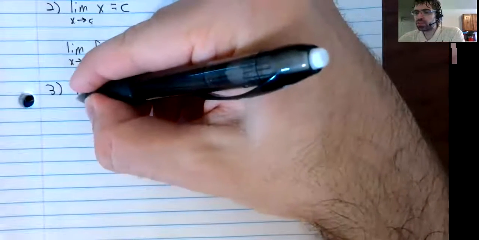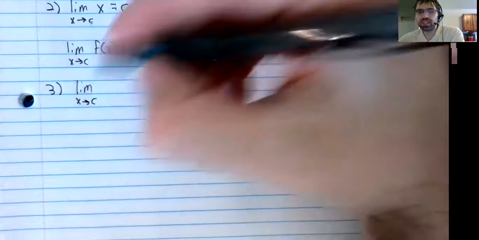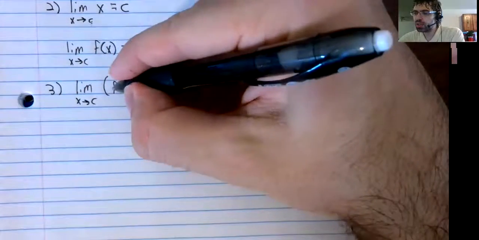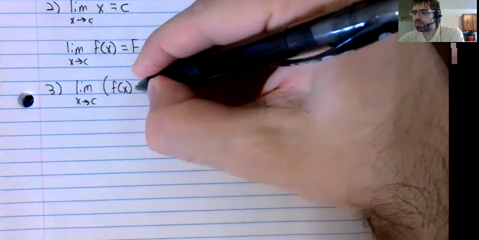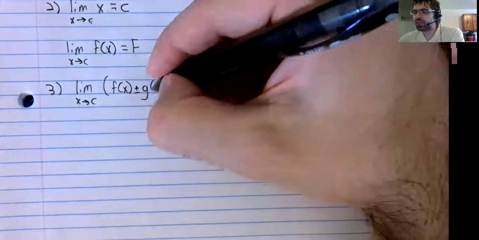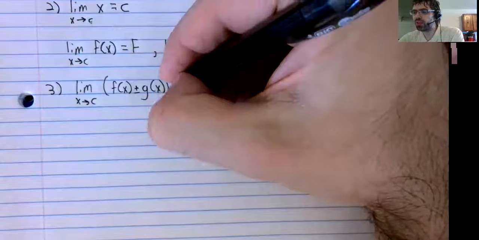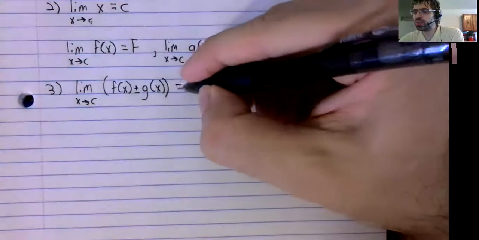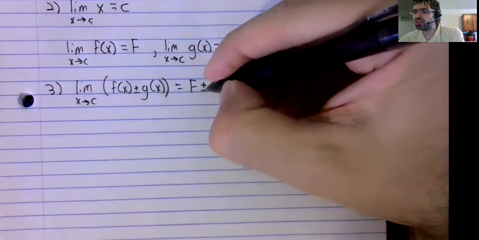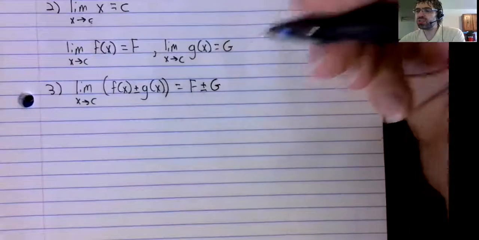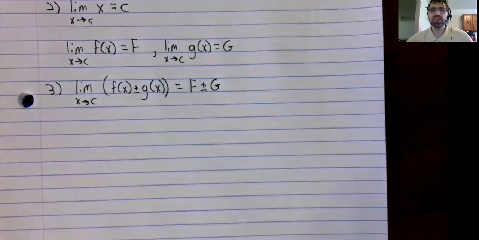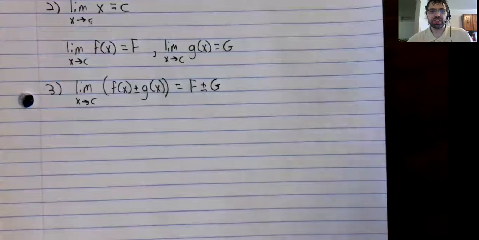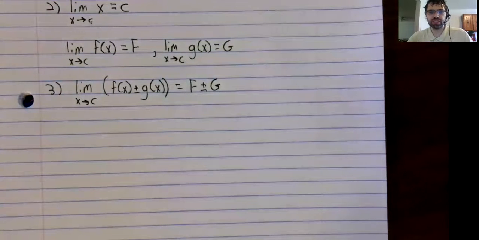Then the limit as x approaches c of the sum or difference of these functions is the sum or difference of these limits. A limit of a sum is the sum of the limits, in other words, and the limit of a difference is the difference of the limits.